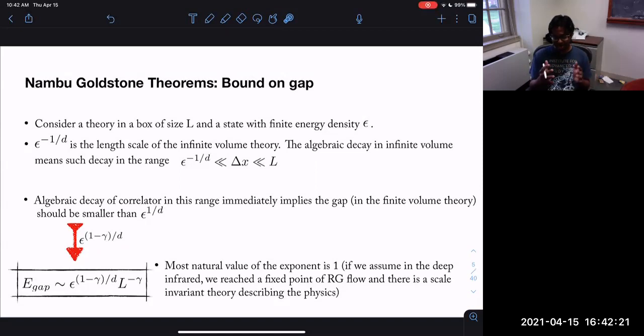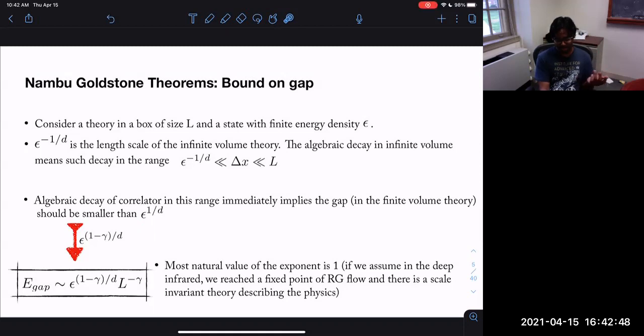And because, as I told you, breaking of boost implies some algebraic decay, in this range we will have some algebraic decay. Now, if we have a theory where, on the length scales in between these two, we have an algebraic decay, what does it mean? It means that there has to be a gap, and the gap should be smaller than this inverse length scale, which is epsilon to the power 1 over d.